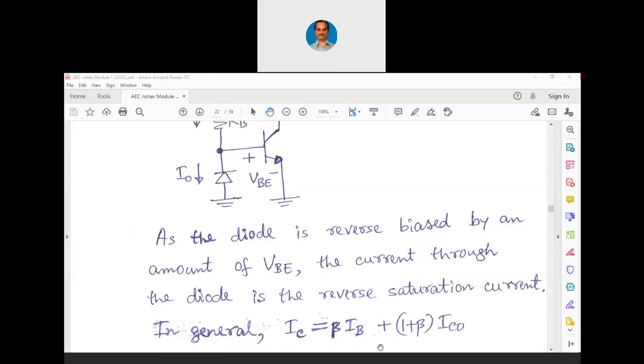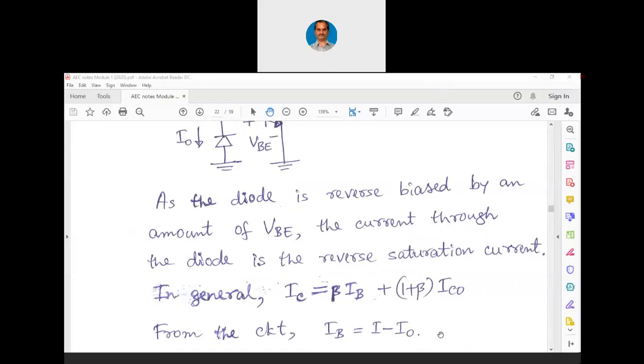So for all our normal calculations, we basically ignore the second term, that is (1 plus beta) into ICO. But whenever we have to compensate for ICO, now we cannot ignore it. So we write the accurate expression for collector current, that is beta IB plus (1 plus beta) into ICO.